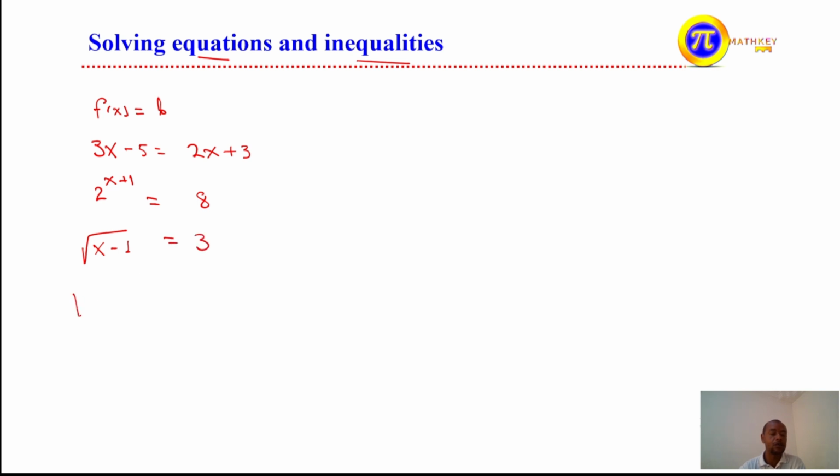The other is the cube root of x over 3, for instance, is equal to, let's take 6. We can take different examples on this. All of these are equations, that means functions that involve equations.